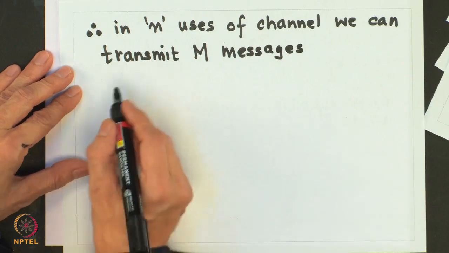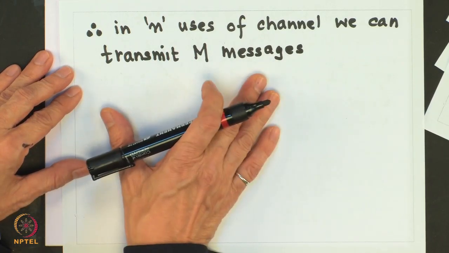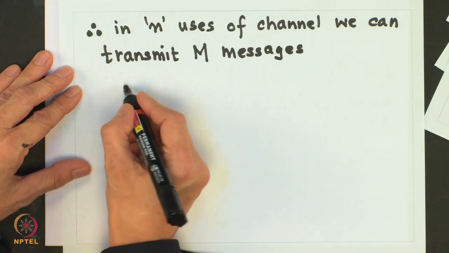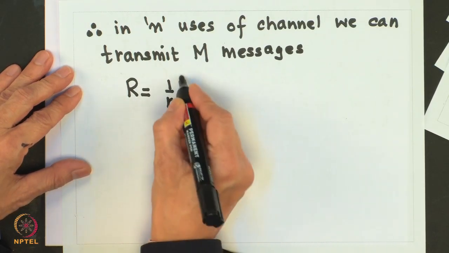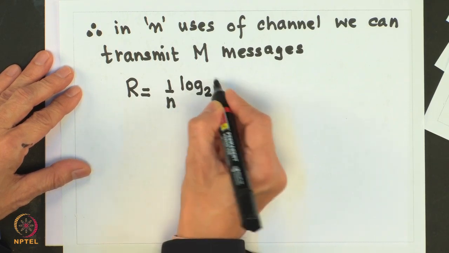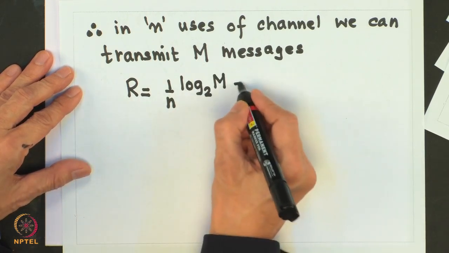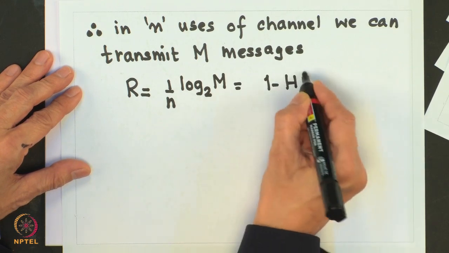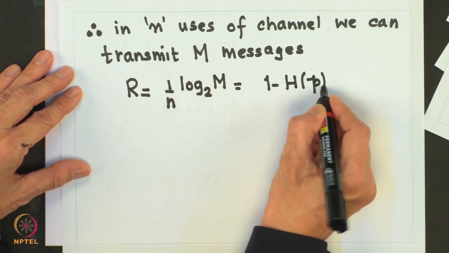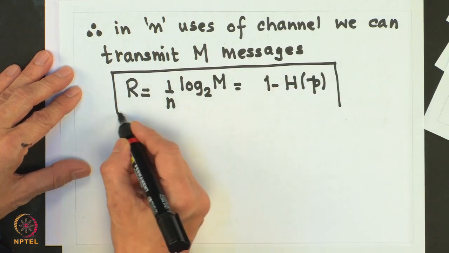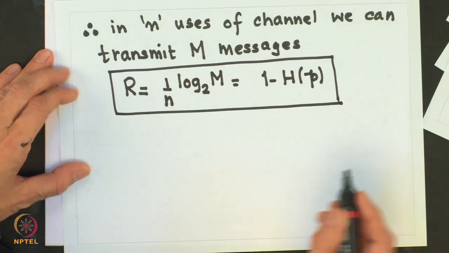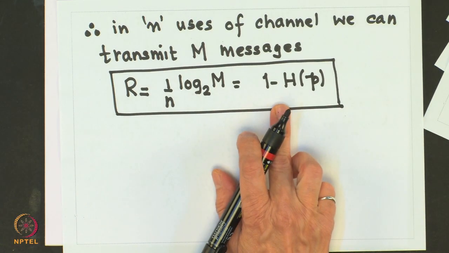That means the rate, that is, the information transmitted per use of the channel, is given by R equal to 1 by n log of M, correct, and this is equal to 1 minus h(p). And this is the capacity which we derived for a binary symmetric channel.